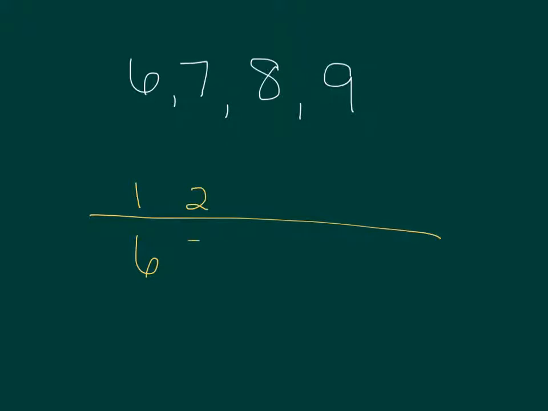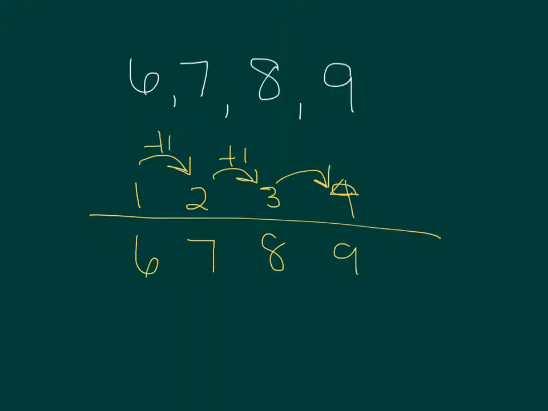For term 2, it is 7. For term 3, it is 8. For term 4, it is 9. So the relationship between terms is +1. The relationship between the actual numbers is also +1.